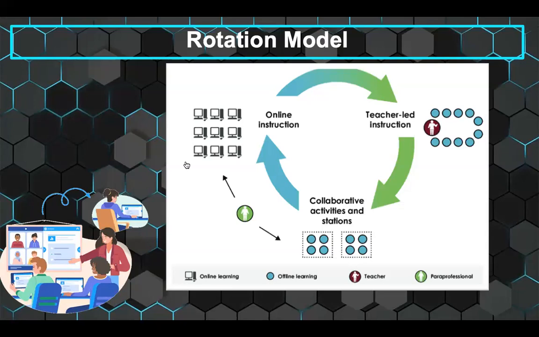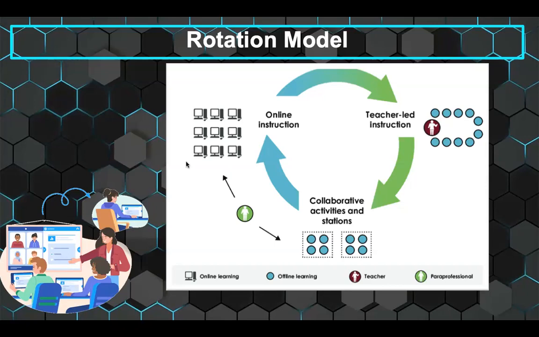In a blended learning rotational model, at least one of these is online learning. Other examples of rotational activities might include time with the teacher, peer group interactions, a teacher-led lesson, or independent study time. In the rotational model, students learn primarily on a school campus and in a classroom with their teacher.